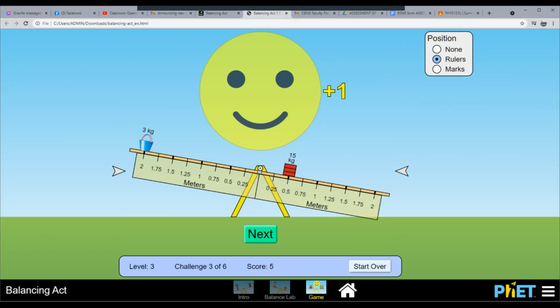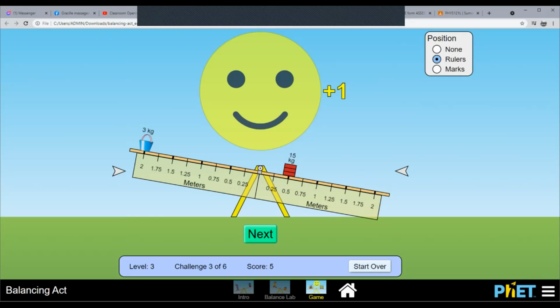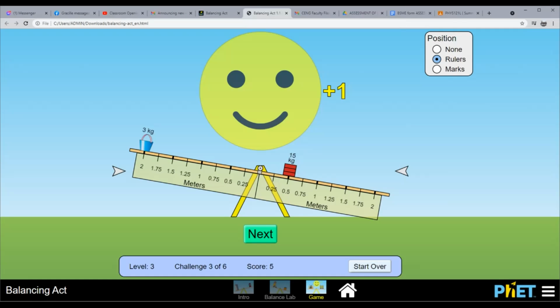Anong naging analysis natin dito? Sino yung nag-answer nung third condition? You explain? Yung sa 3 kilograms po, yung sa 15 kilograms po, nandoon po siya sa 0.5 meters position po. Pero kapag yung 3 kilograms po ay tinimes po natin sa 4, 12 kilograms lang po yung lalabas.